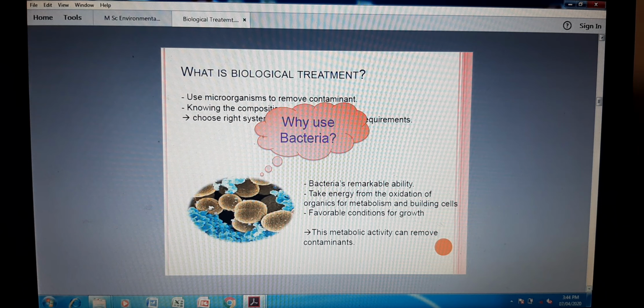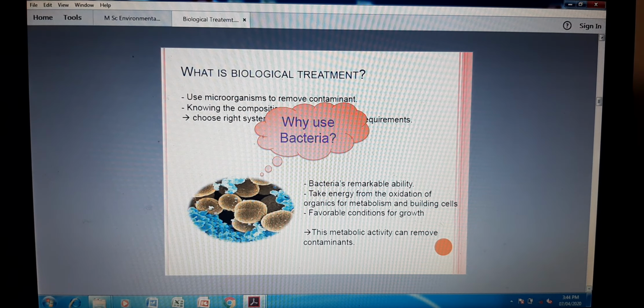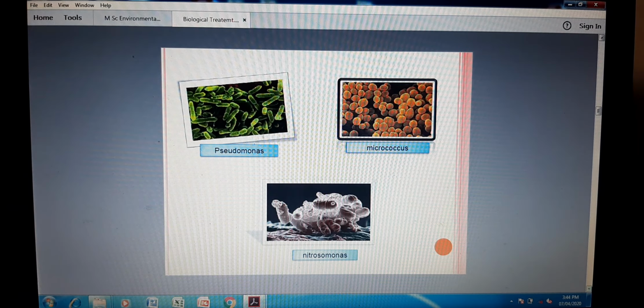Second, they get energy from the oxidation of organics for metabolism and building cells, which are favorable conditions for growth. This metabolic activity can remove the contaminant also. So generally this biological treatment is used for the removal of toxicants from the wastewater.